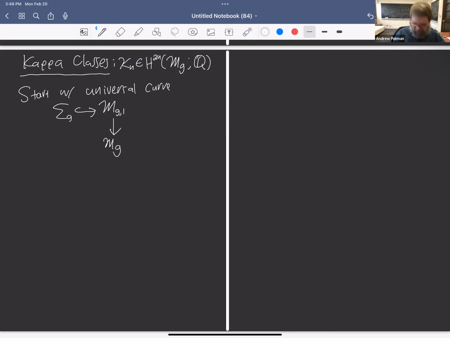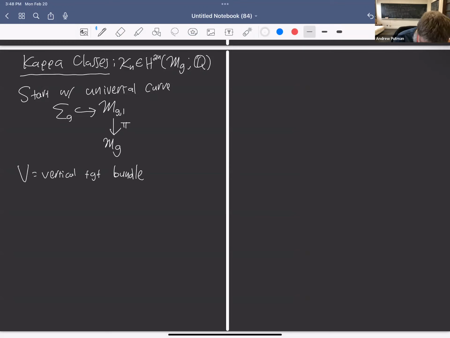What this is, I'm going to let V sub V, this right here, be equal to the vertical tangent bundle. If you call this map right here pi, I'll have several pi's floating around.